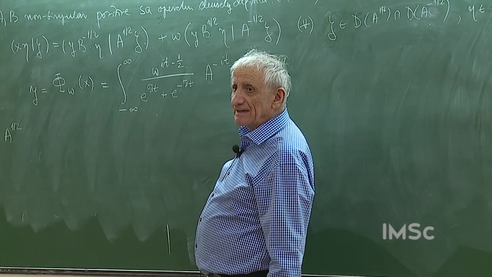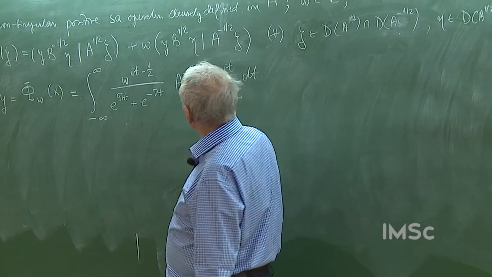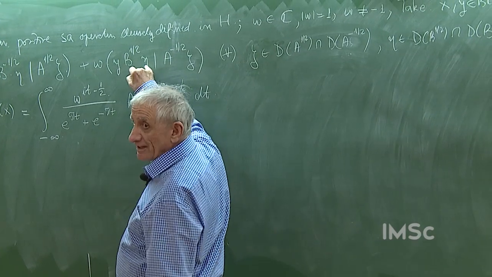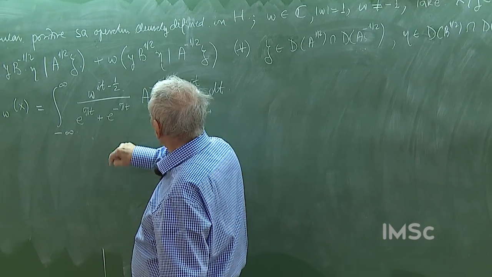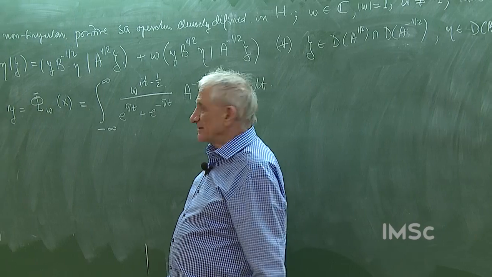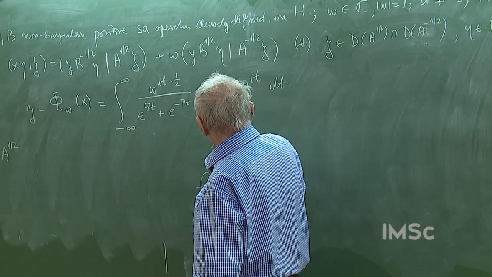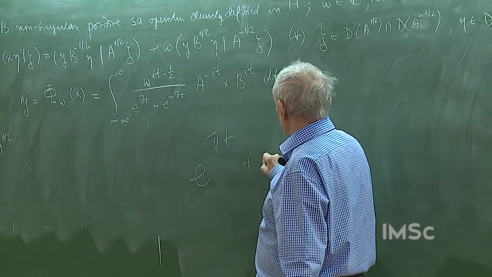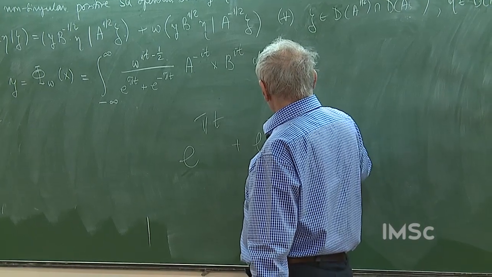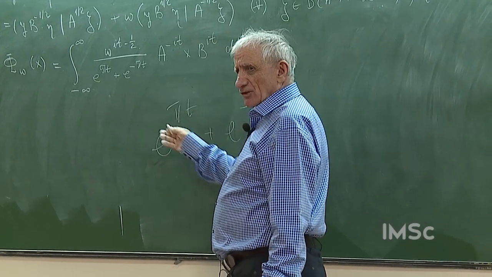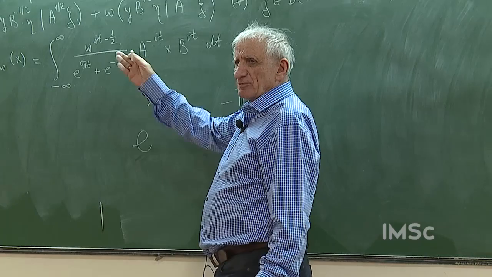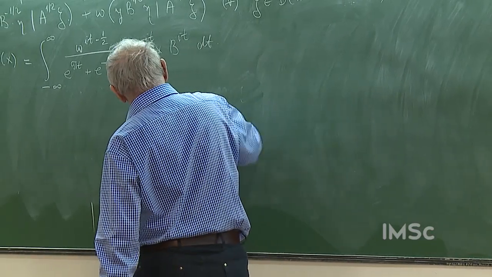Exponential term in the denominator. In here you mean? Denominator e power pi t. E to power pi t plus e to power minus pi t is this. It is a normalizing factor for our integral to be 1. Yeah, okay.